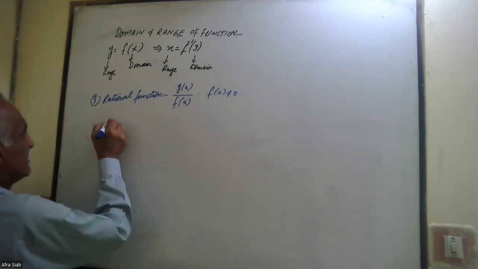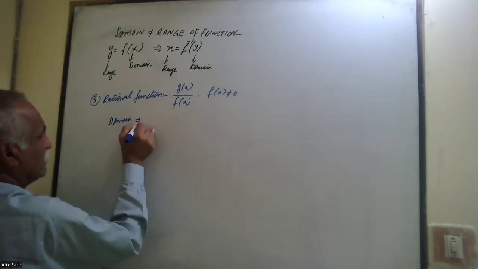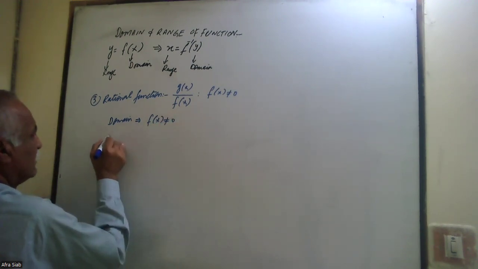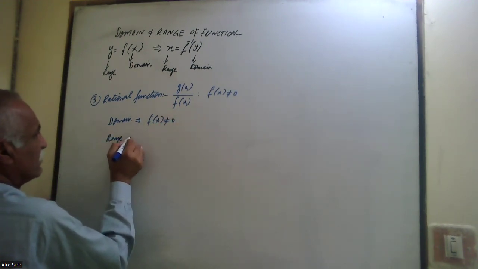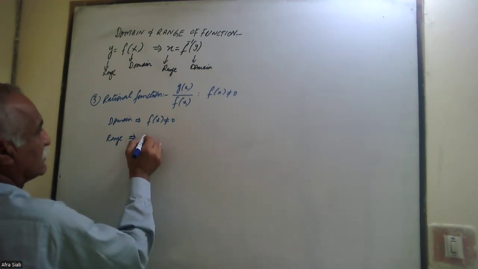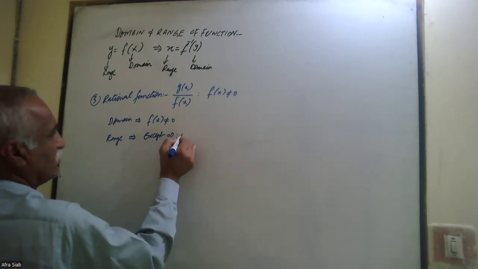So we can see that the domain of this function will be f of x not equal to 0, and for the range of this function, all values are possible except infinity.